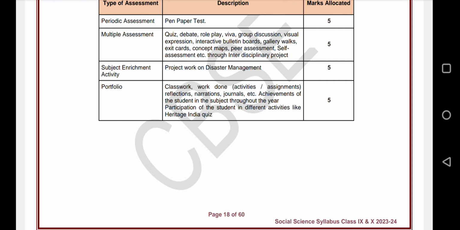Those things are going to be compiled in a folder, and that will become your portfolio, which will be assessed in term 1 and term 2, two times.